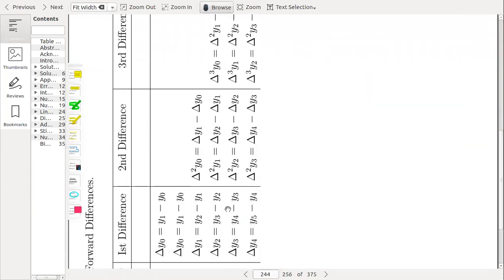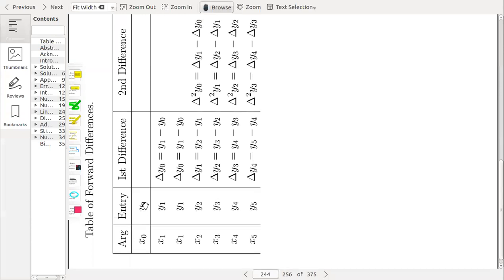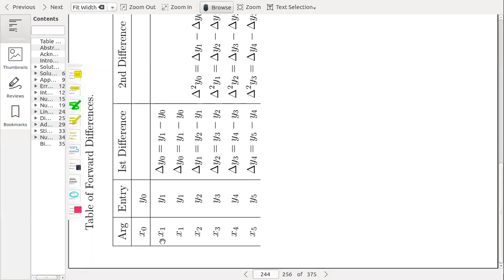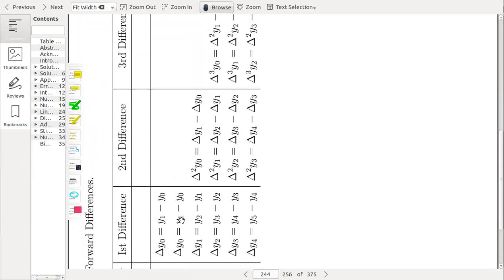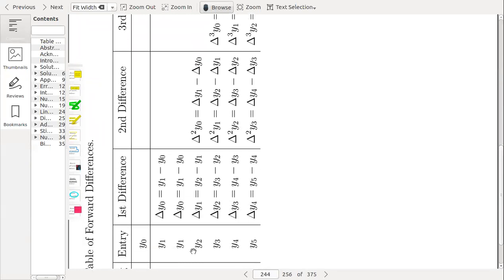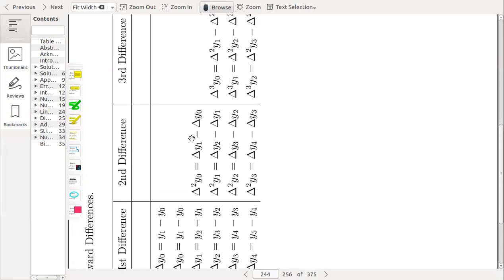So we can make a big table. If we have x naught, the first entry is y naught, and if we have x1, the entry will be y1, and then delta y naught is equal to y1 minus y naught. For x2, y2, and delta y1 is equal to y2 minus y1. So this can be written as delta square y naught is equal to delta y1.